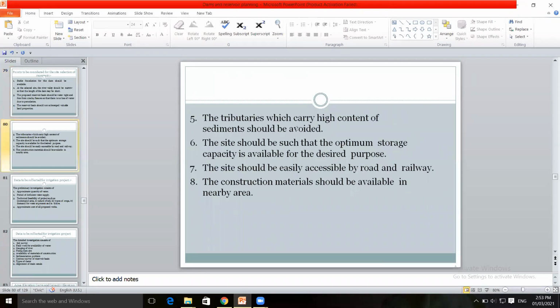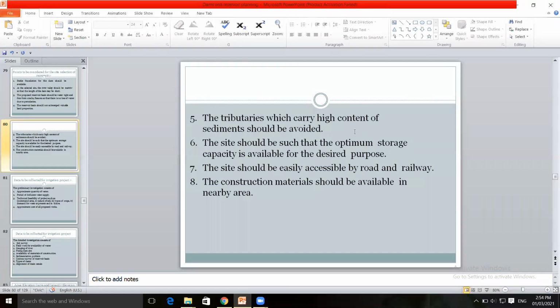Fifth point is the tributaries which carry high content of sediment or silt should be avoided. Tributary means, what is it? The small river which meets the large river, that area is known as tributaries. So while flowing, the water will carry a large amount of silt or sediment.